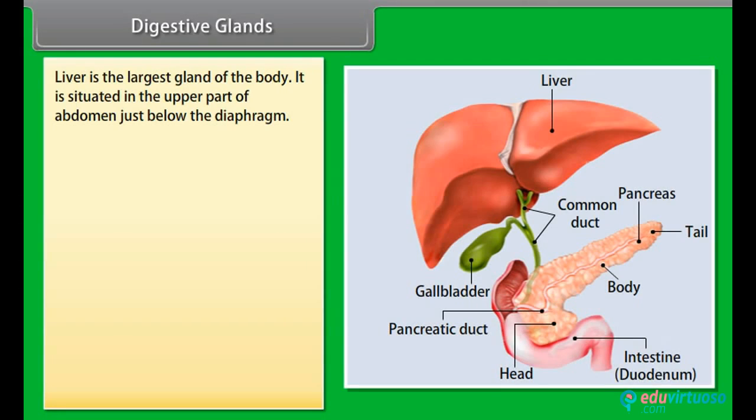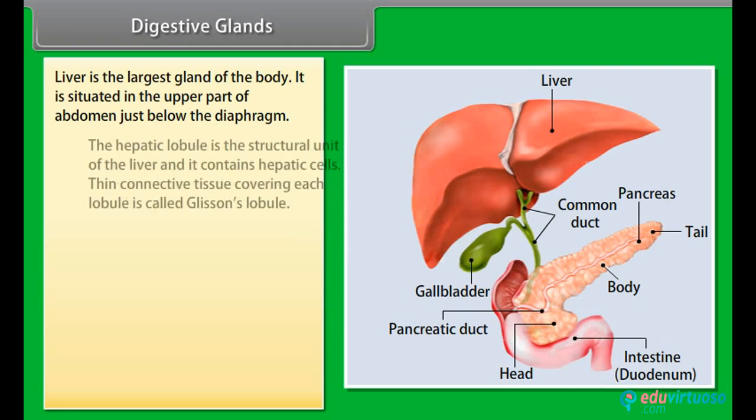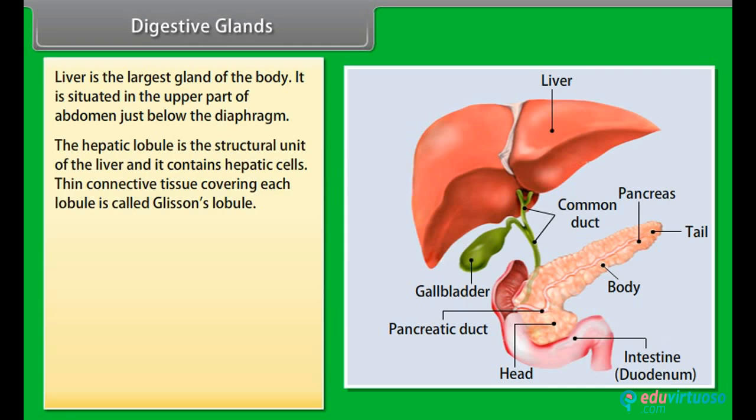Liver is the largest gland of the body. It is situated in the upper part of the abdomen just below the diaphragm. The hepatic lobule is the structural unit of the liver and it contains hepatic cells. Thin connective tissue covering each lobule is called Glisson's capsule.